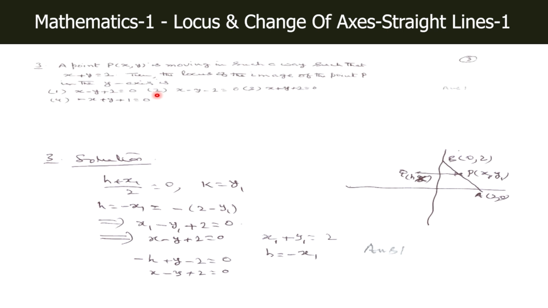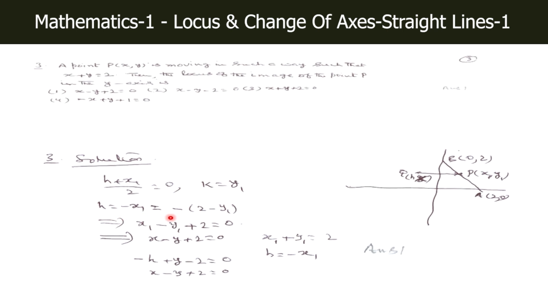Now, the solution is: A is equal to (2, 0) and B is equal to (0, 2) are the intercepts of the given line on x and y axis. Suppose (h, k) is the image of P(x1, y1) through the y axis, because the image will have the same y coordinate as P. So therefore (h plus x1) by 2 is equal to 0 and k is equal to y1, or h is equal to minus x1.